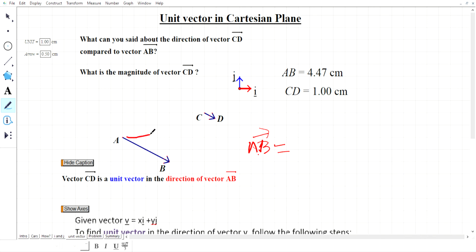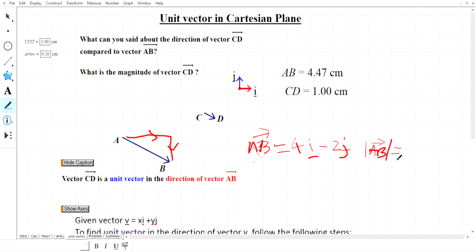It is 4i minus 2j. To find the unit vector in the direction of vector AB, first step, you find the magnitude of vector AB.